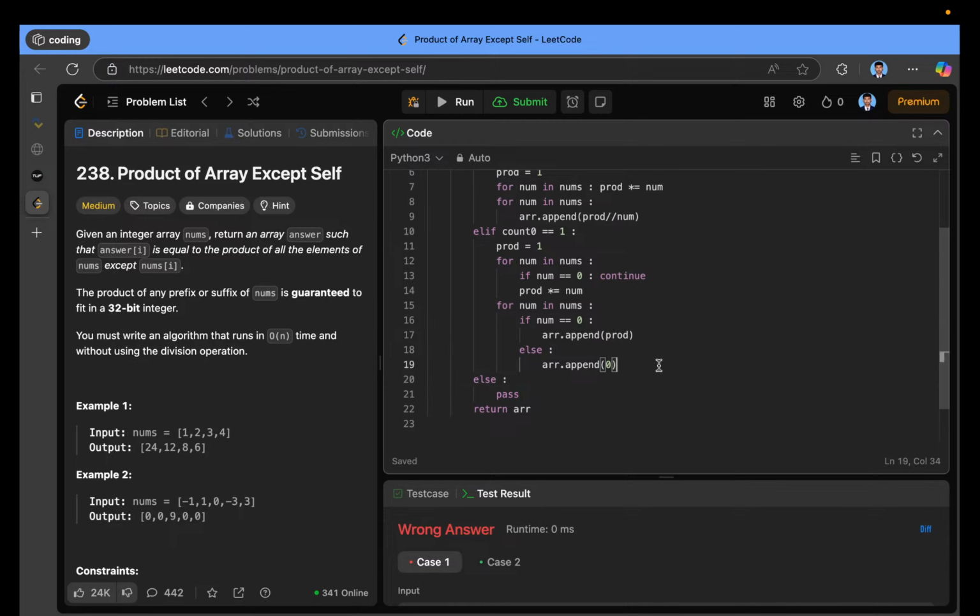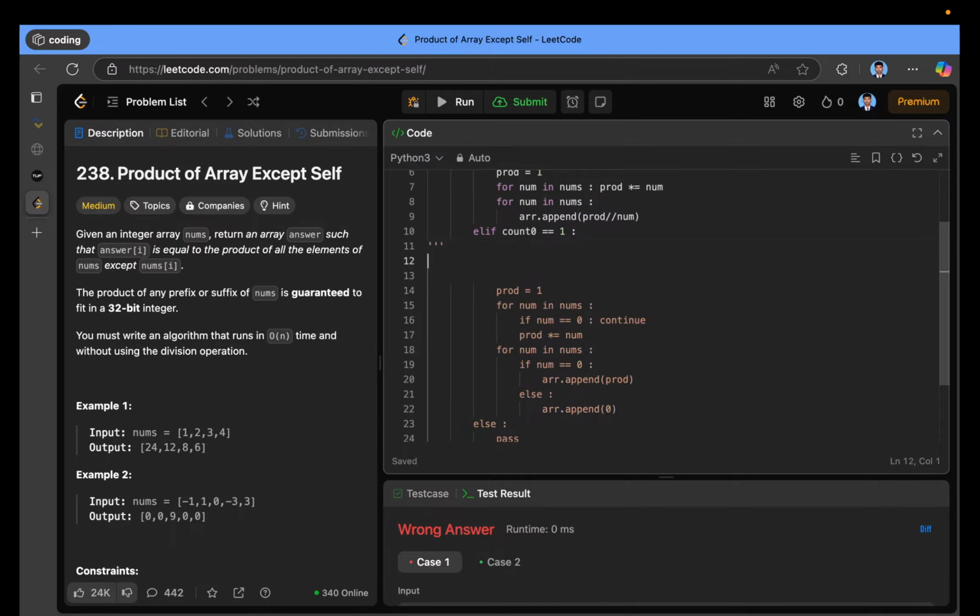I think in this you are able to understand what is going on here. Why I am appending 0, and only where 0 is, I am appending the product. Let me explain a little with a multi-line comment. Let's take an example: 1 2 3 0 4 5.